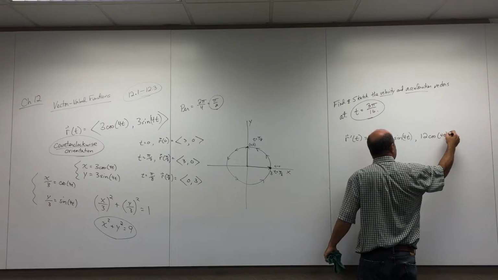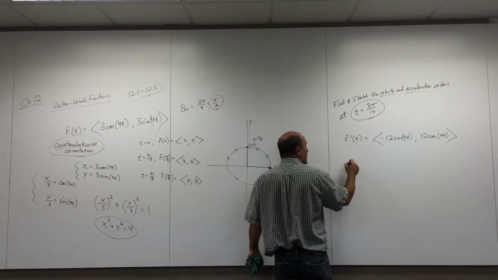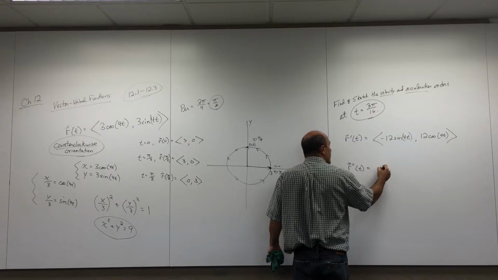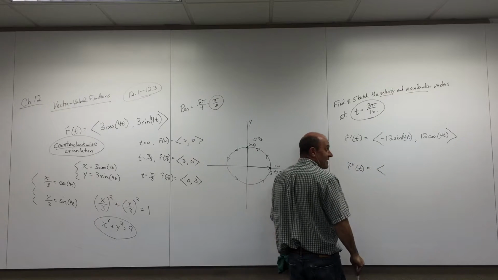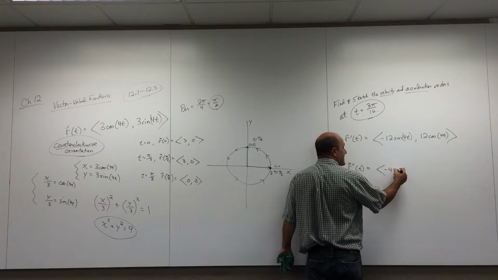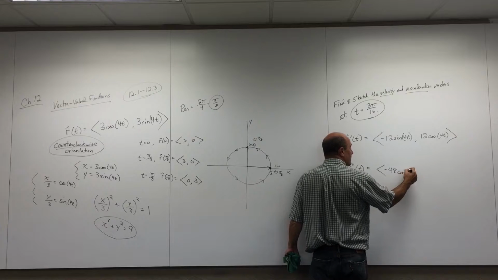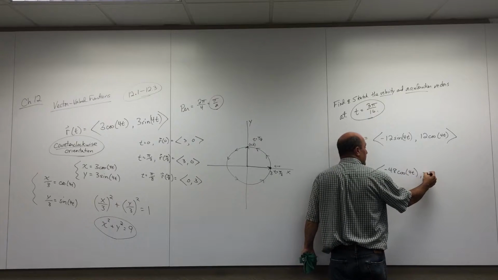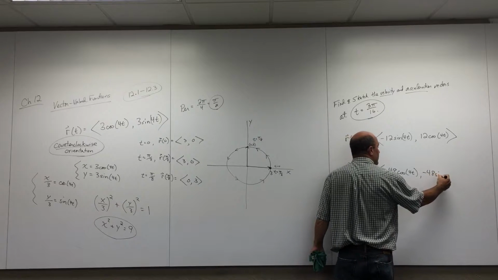Okay, good job. Now let's go ahead and do a second derivative, r double prime, while we've got the flow here. R double prime would spit out another chain rule, another 4: negative 48 cosine 4t. Do you guys agree? Yeah. And then negative 48 sine 4t.